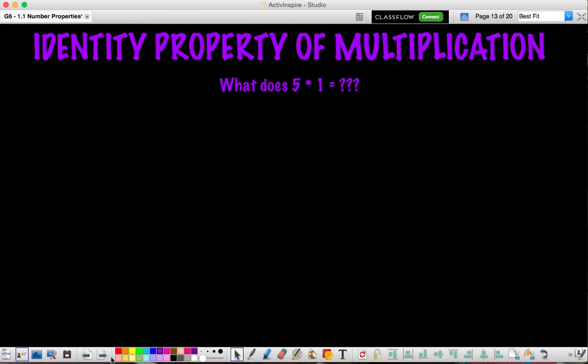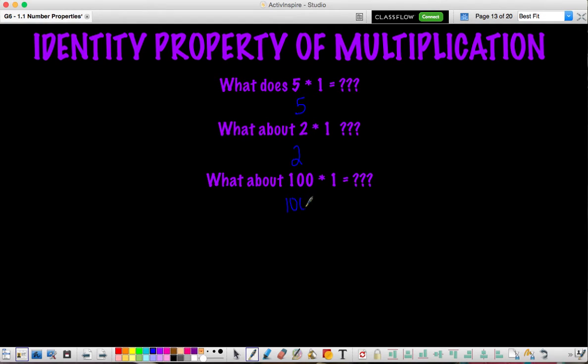So now I know that anytime I see a number times 1, my answer is going to be exactly that number. So 5 times 1 is 5. 2 times 1 is 2. Again, 100 times 1 is 100. Again, this works for fractions.